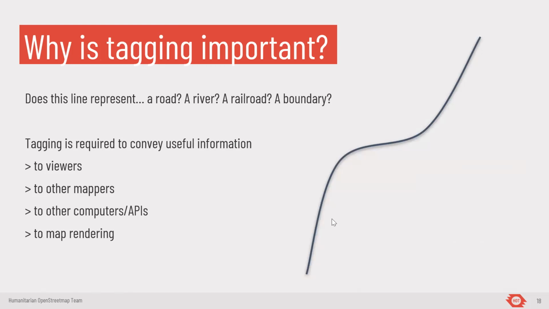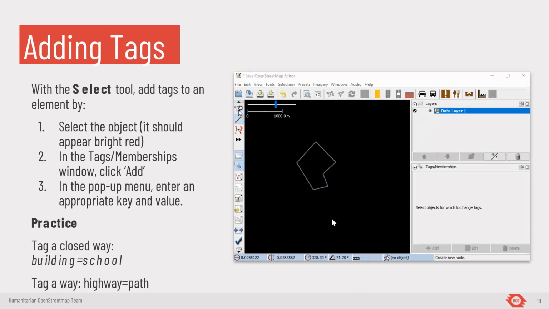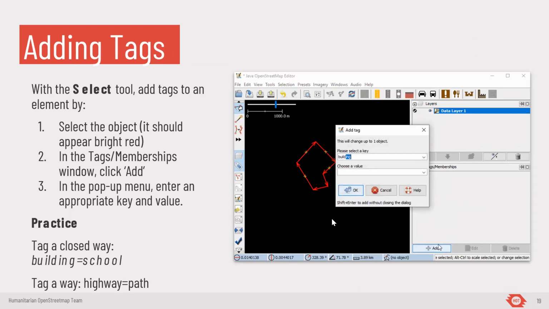You would ask yourself, does this feature represent a road, a river, a railroad, a boundary? But when we give it a meaning, it carries the information. If you click on it, it will give you the details about that feature.